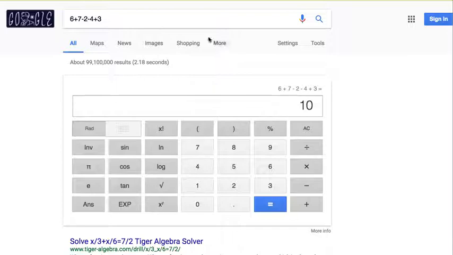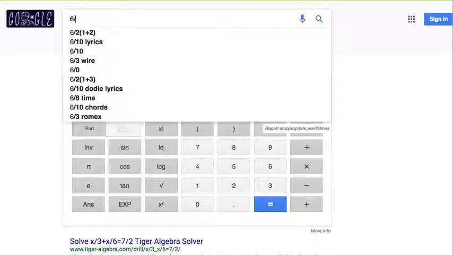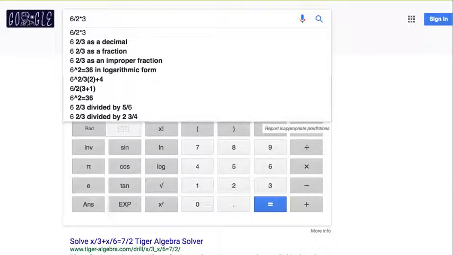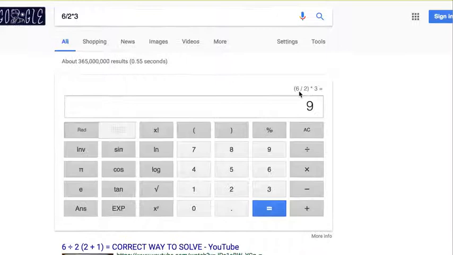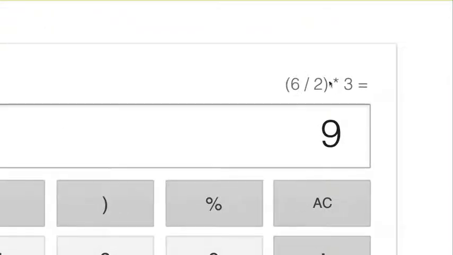Something that's kind of interesting about this, I do like that if you put in any expression, it will kind of specify the order of operations. So if you do 6 divided by 3 times 2, or I guess I did 2 times 3, then Google says the answer is 9 and gives you that by the way, I did the 6 divided by 2 first and then times 3.